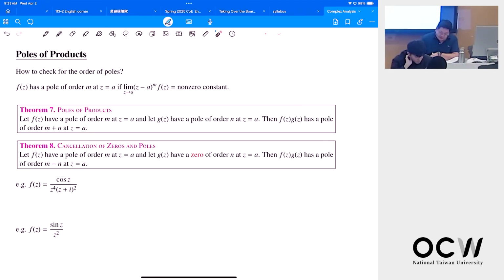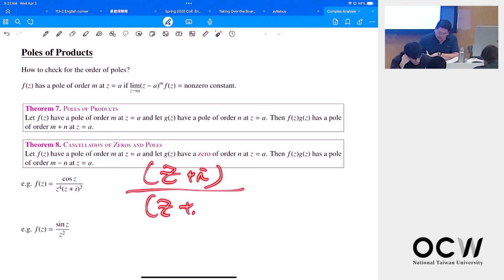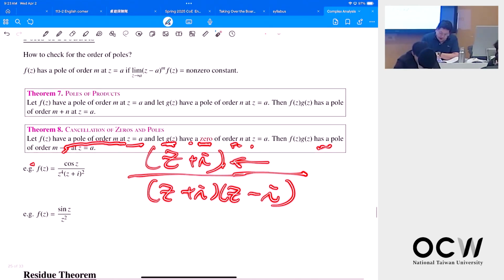And we also have a cancellation of zeros and poles. So if I have a pole of order m at z equals a, and another complex function has a zero, which will be in the numerator, of order n, then they have the cancellation of zeros and poles, and your final pole order will be m minus n.